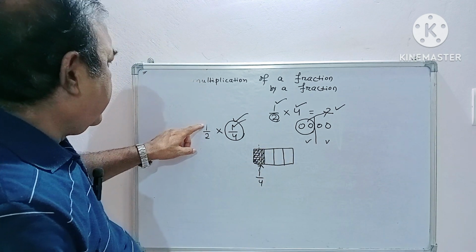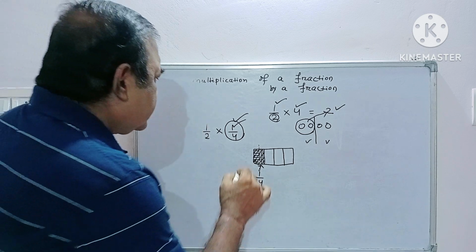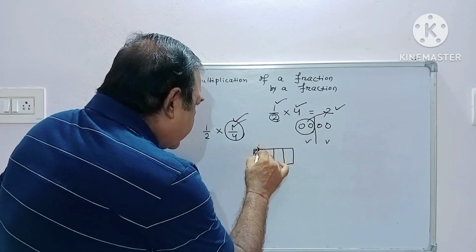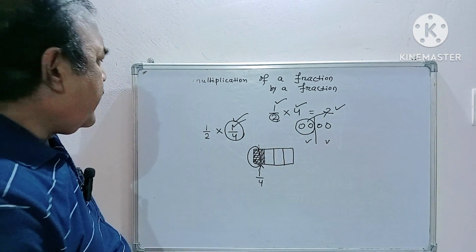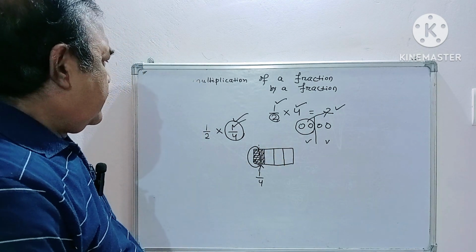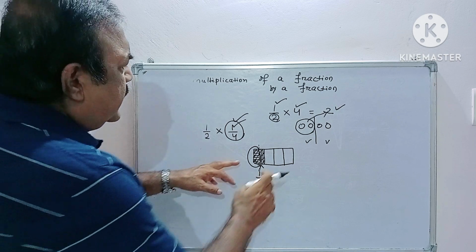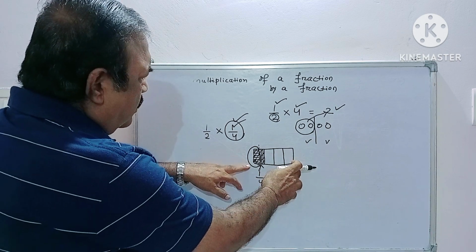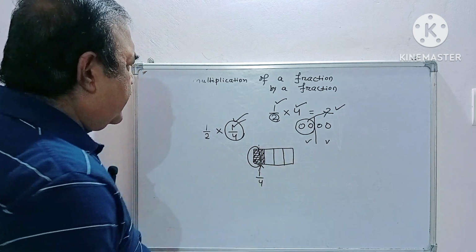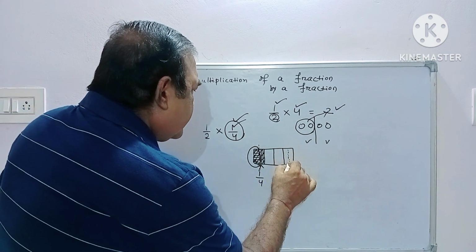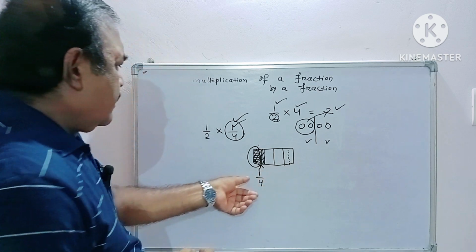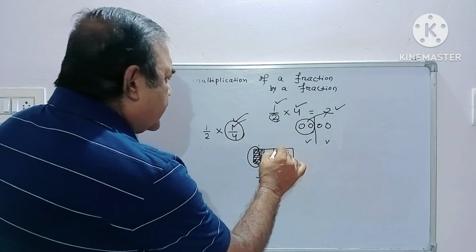And I have to take one part. Suppose I will take this part. Okay? So, what is that part? I will know the fraction of the whole here. How? Now you divide each 1/4 part into 2 equal parts.